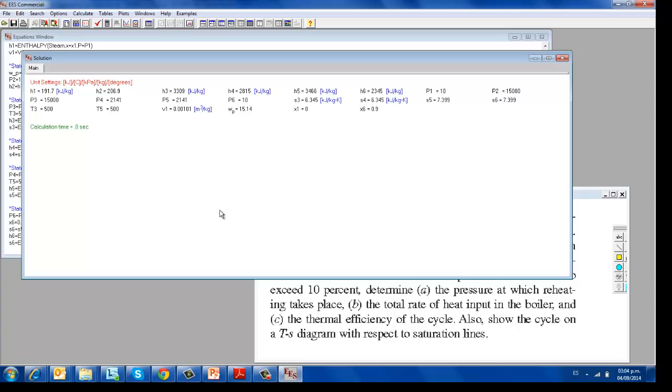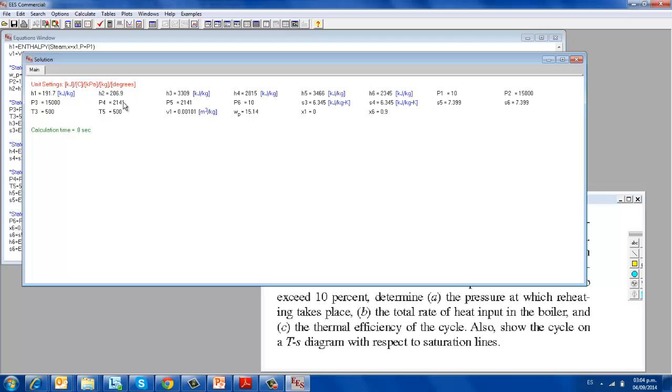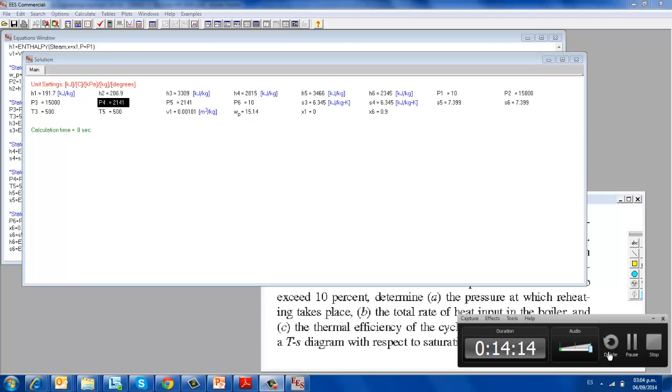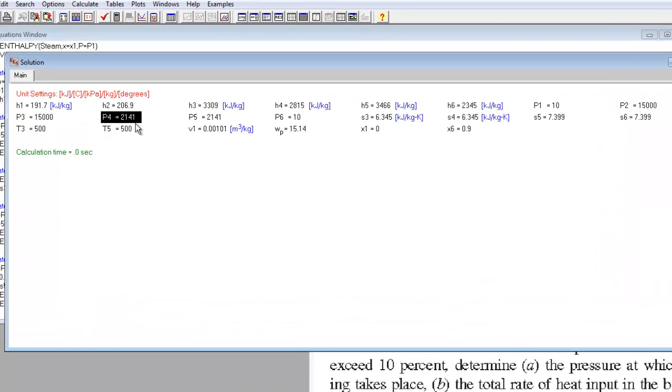And we can see that the pressure that we have is 2141 kilopascal, which is 2.14 megapascal.